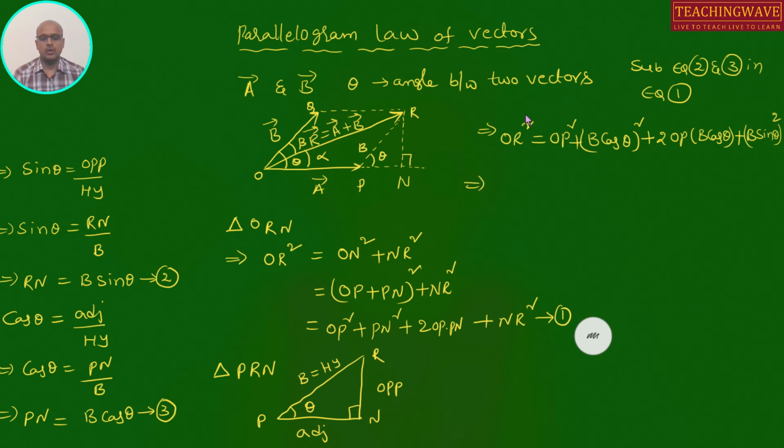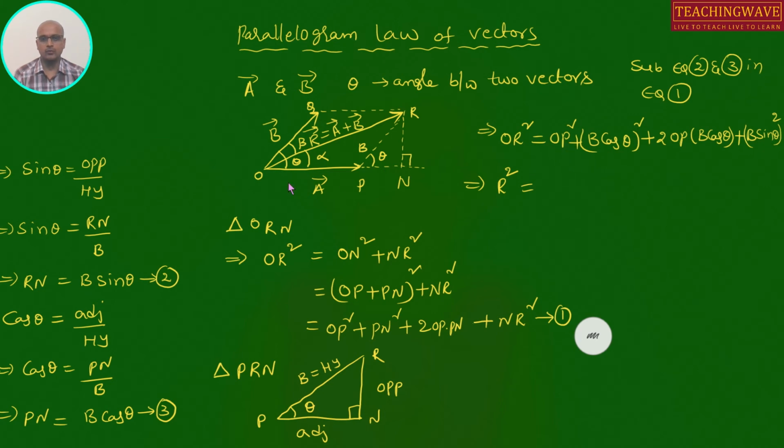Here OR is nothing but the resultant vector magnitude, that is R. So R square on the left hand side.